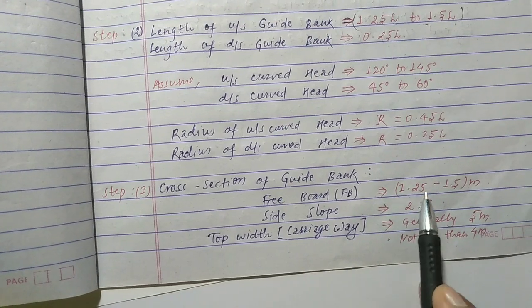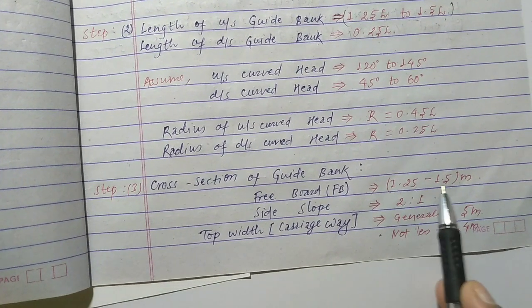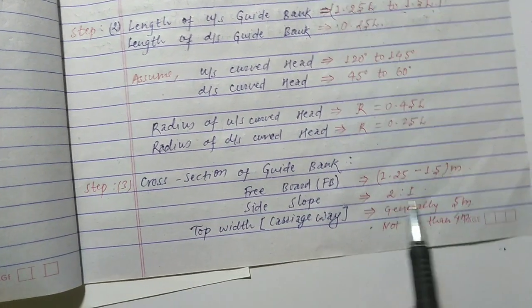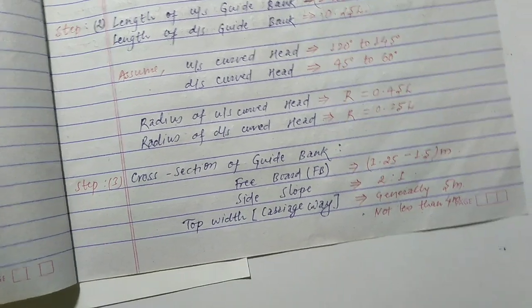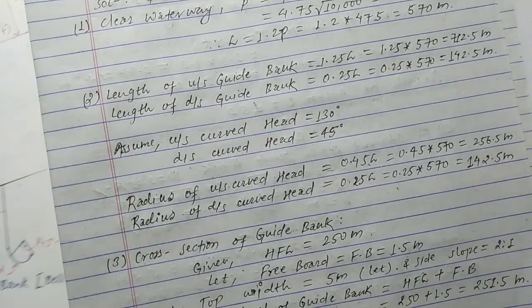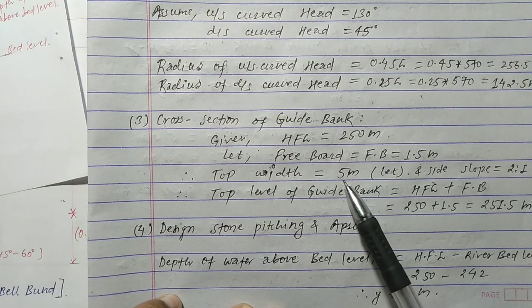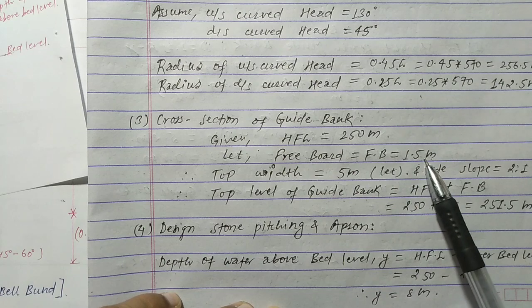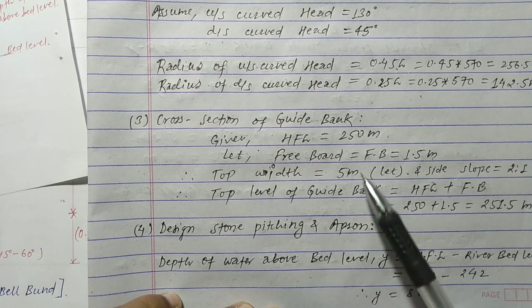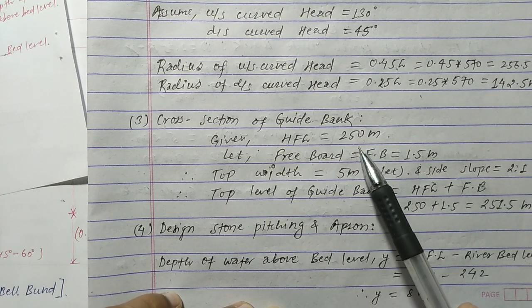You can see here, freeboard we have to provide between 1.25 to 1.5, and side slope 2:1, and top width 5 meter. Okay, so according to the design criteria we provide these values. Freeboard 1.5 meter, top width 5 meter, and HFL is already given in the question.